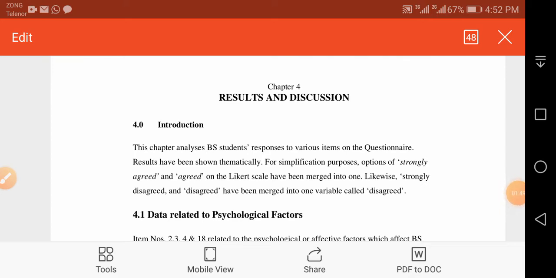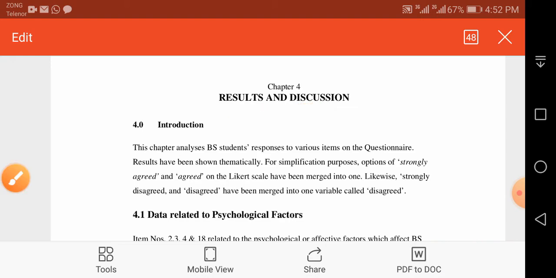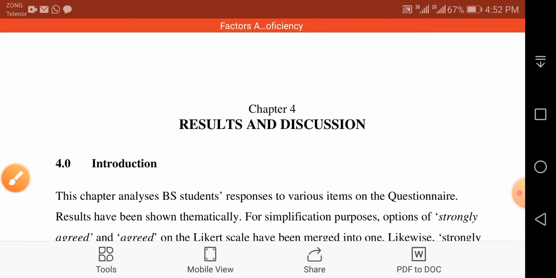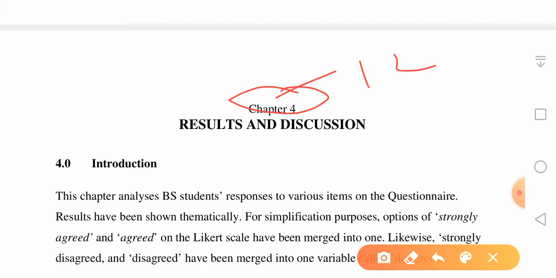So here is chapter 4. As I have been discussing in the previous video, the chapter heading is set at the center. As you can see here, chapter number 4, the font size of this area is 12 and this heading is 14.